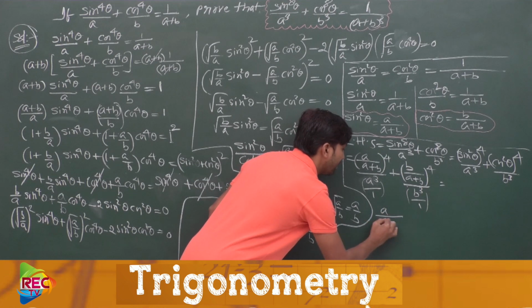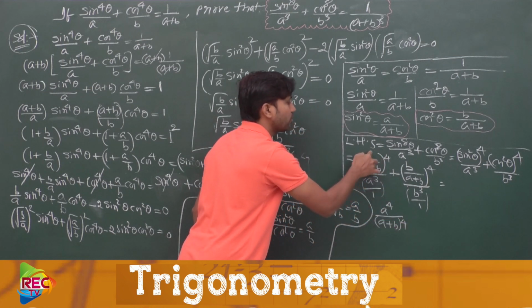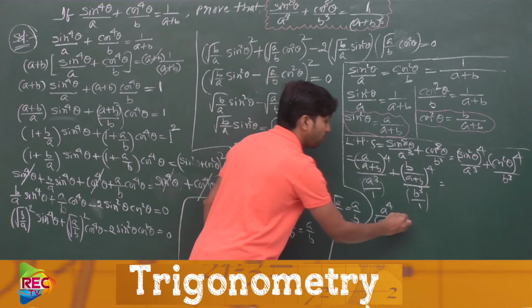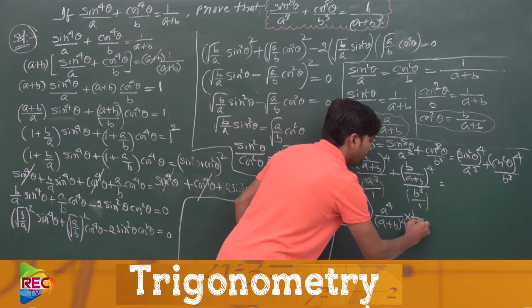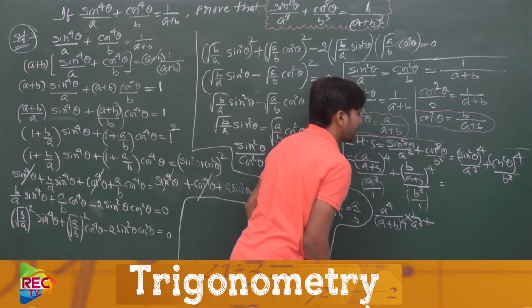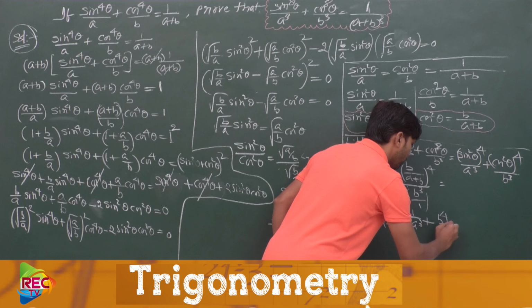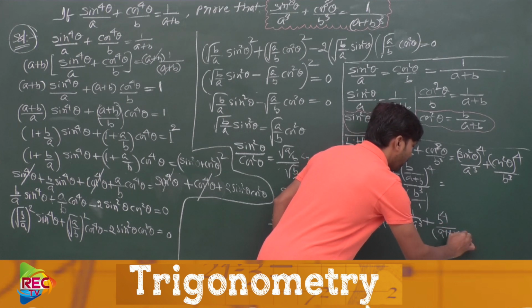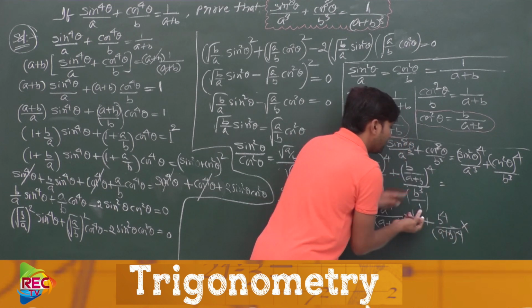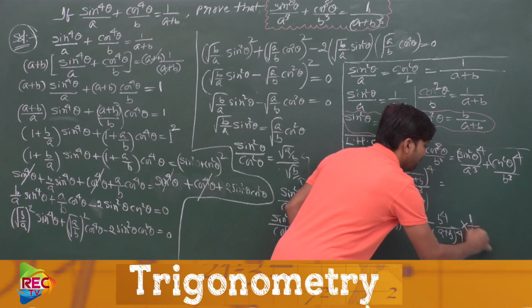This is a power 4 by a plus b whole power 4 into 1 by a cube after inverting, plus here b power 4 by a plus b whole power 4 into 1 by b cube after inverting that.